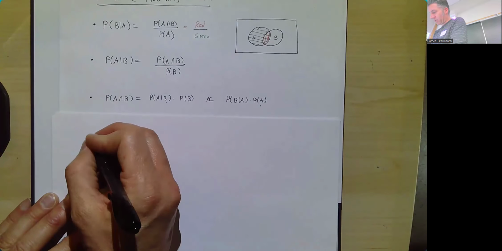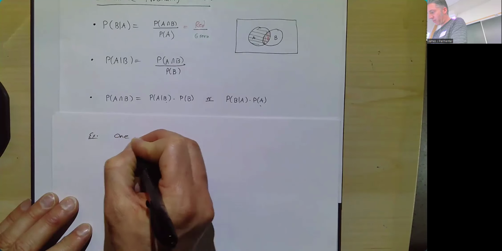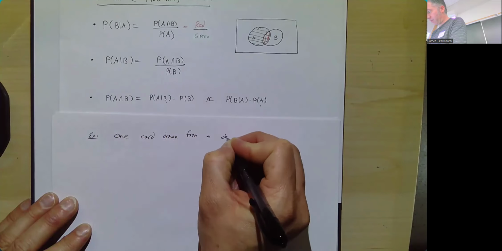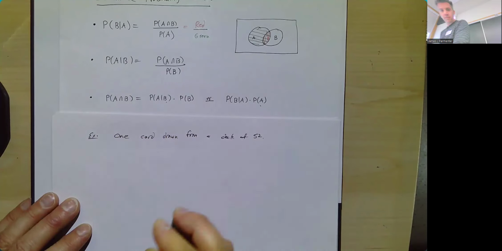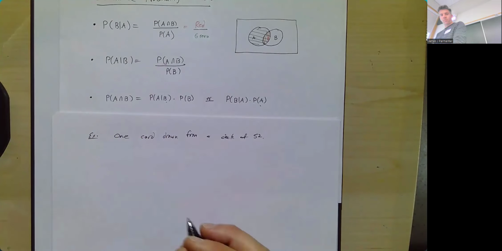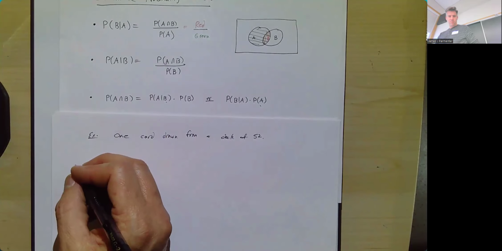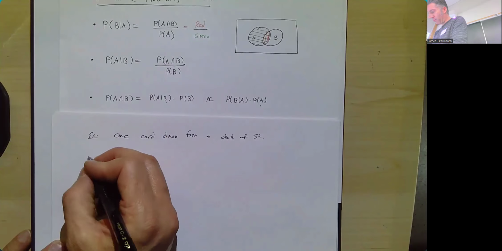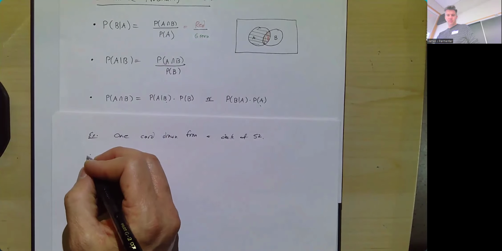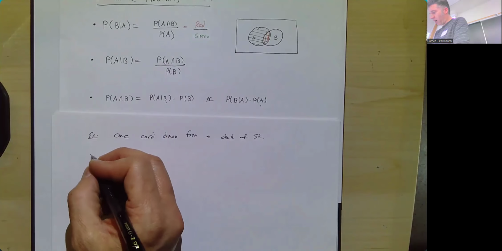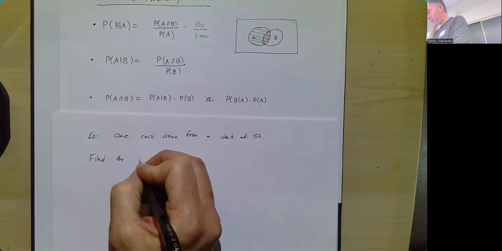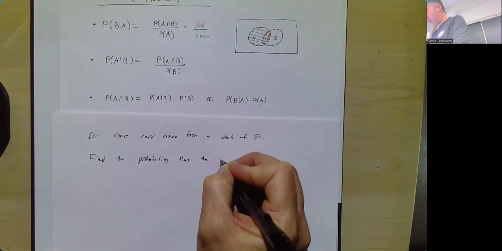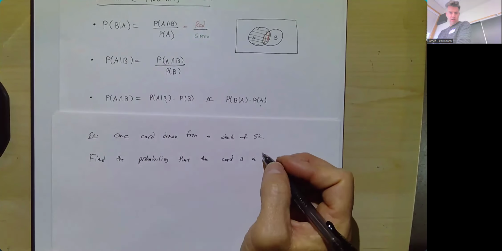So let's see this example here. We've got one card drawn from a deck of 52. And I want to know the following. Find the probability that the card is a queen.